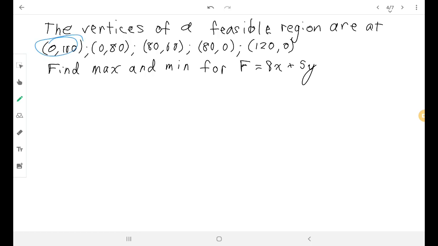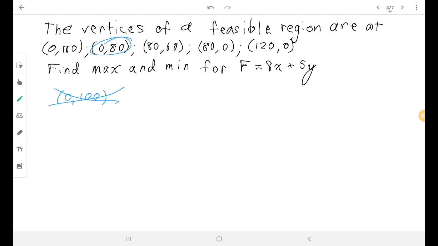And between these two, certainly that one will be smaller than that one. So I'm going to take that 0, 100, and I'm just going to eliminate it as a choice for either optimization. It cannot be the maximum, because this one's going to come out bigger. It cannot be the minimum, because that one's going to come out smaller.